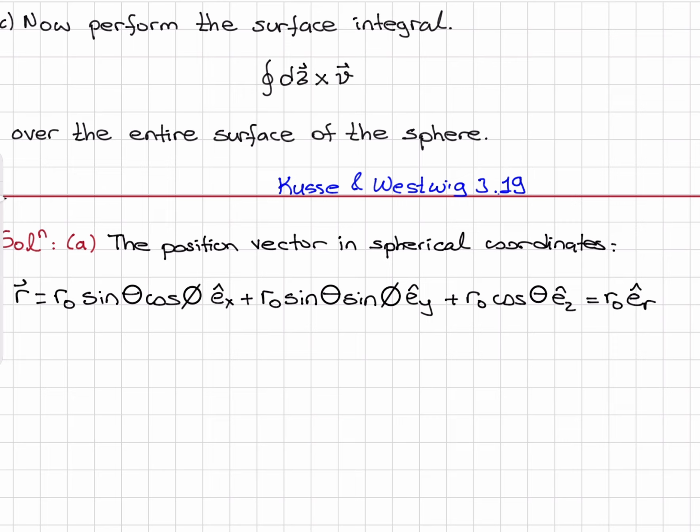If I follow the formal procedure here, I take a partial derivative of the position vector r with respect to r. This gives me, for the first term, sine theta cosine phi in ex hat direction.